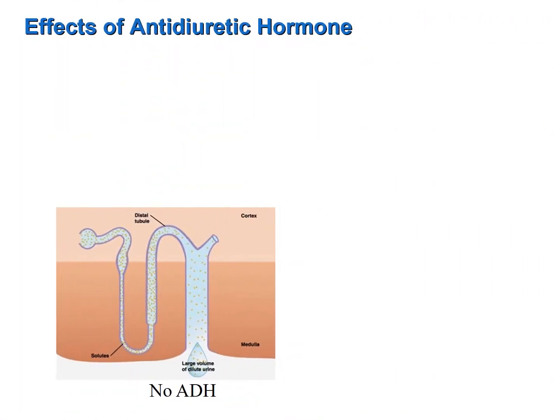Let's look now at the effects of antidiuretic hormone. Remember, diuresis is the production of urine, so antidiuretic hormone obviously is going to decrease urine production. Let's say we have an individual that is well hydrated.